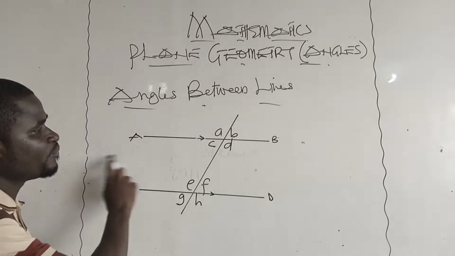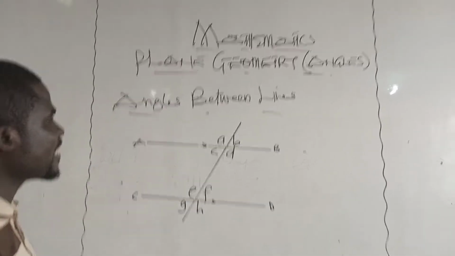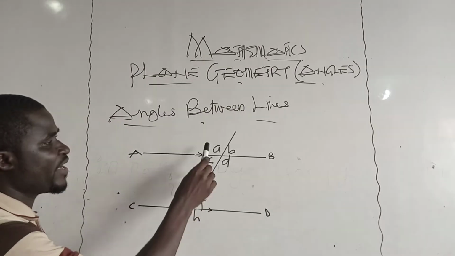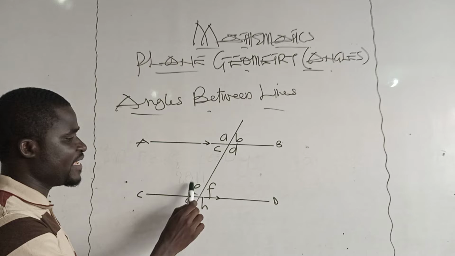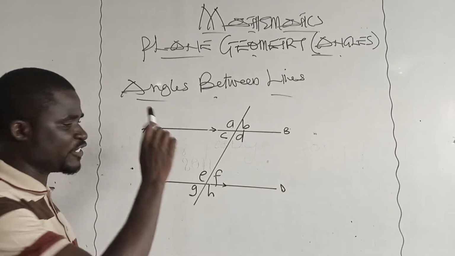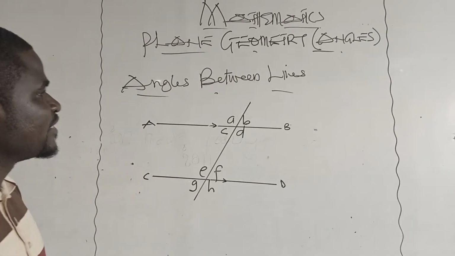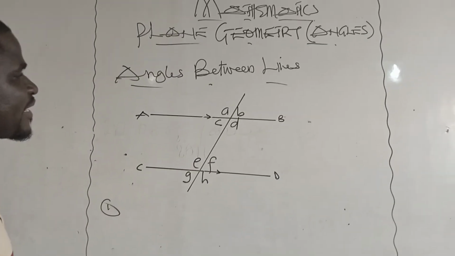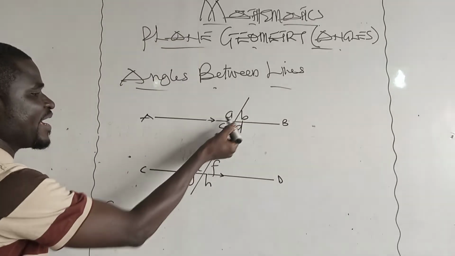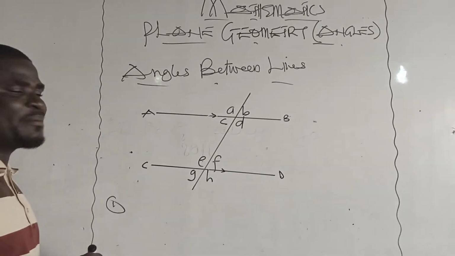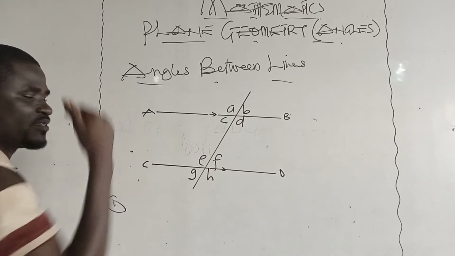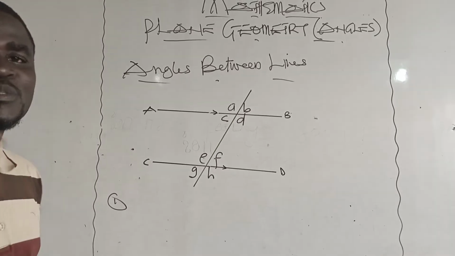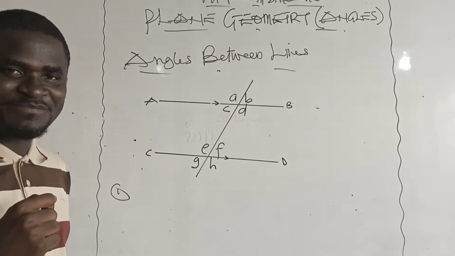Now, let's look at this diagram, angles between lines. We have A, B, C, D, E, F, G, H. When you take A and E, the name given to A and E is called corresponding angles.